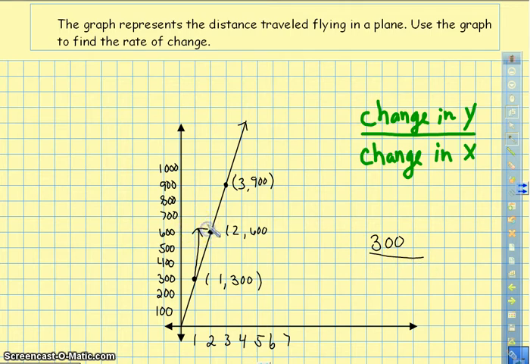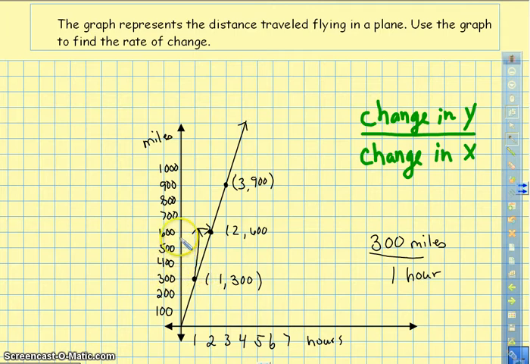So I'm going to go to the right over just 1 to 2, so 1. So I did 300 miles. This is miles. Okay, and this is my hours per 1 hour.